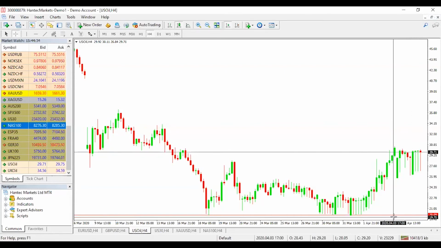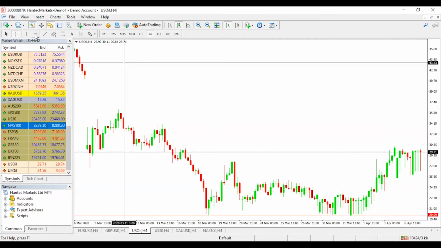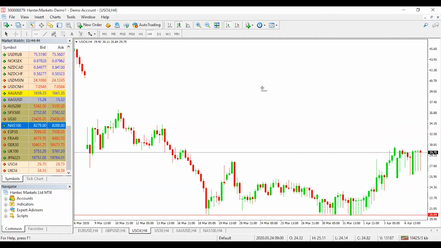Why I say support and resistance is extremely important is that it shows us levels in the market where price does not want to go through anymore. We can see a very clear one here at the bottom. I've just drawn my line there, this thick red line.